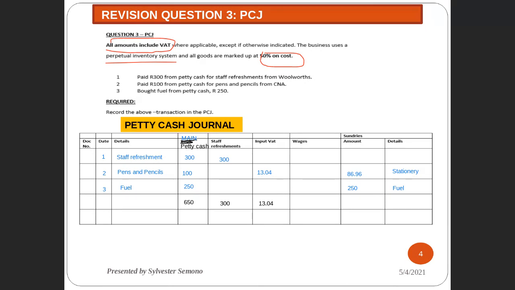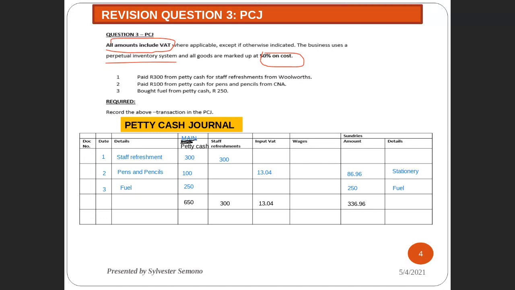Please correct me if I'm wrong. 336.96. Just double check for me, auditors. I think I'm correct. Perfect. Thank you so much.